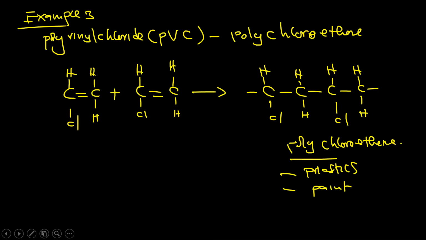What else is PVC used for? Making waterproof clothing, electric cabling, and all that. These are some of the uses of polychloroethene, which is PVC. You should also look at the classification of plastics, so make sure that you look at this part.